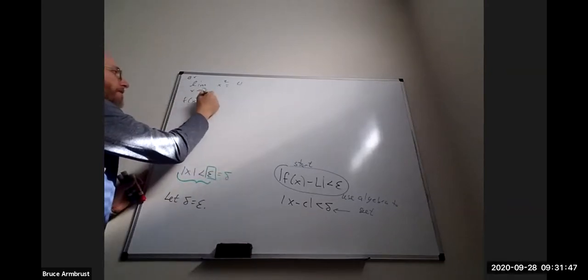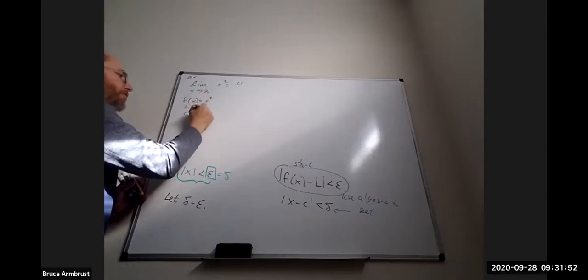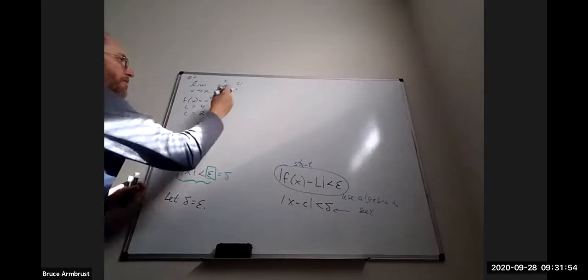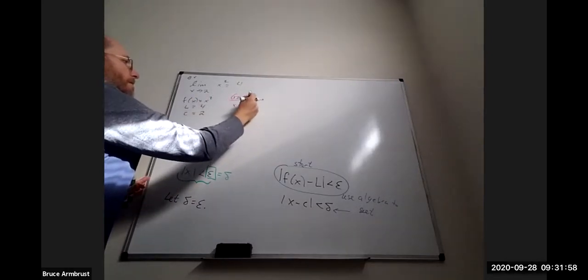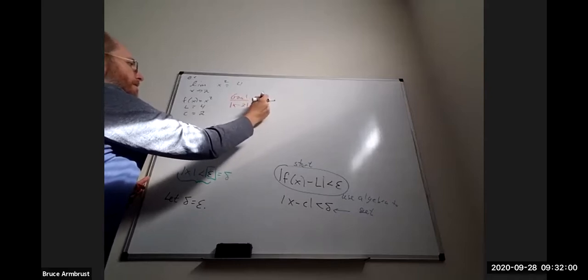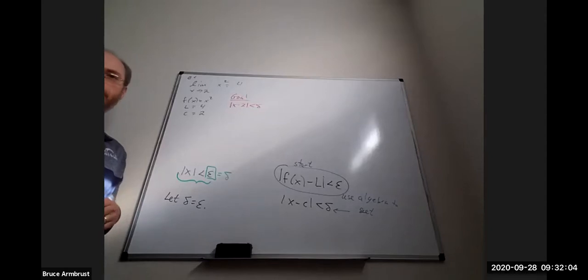So f of x is x squared. L is 4, C is 2. So in terms of our goal, we want the absolute value of x minus 2. So that's what we want to end up with inside of our absolute value, just x minus 2.